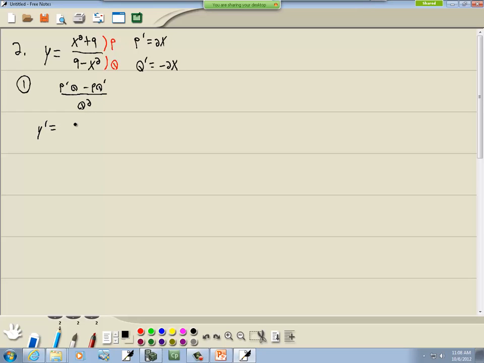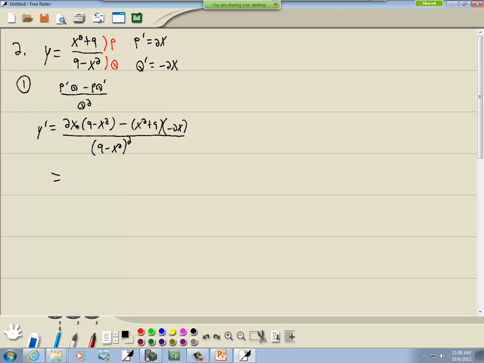So for our first derivative, we got p prime, which is 2x, times q, which is 9 minus x squared, minus p, which is x squared plus 9, times q prime, which is negative 2x, over q squared, which is 9 minus x squared squared. And let me double check that. P prime q, okay, minus p q prime, that looks right.